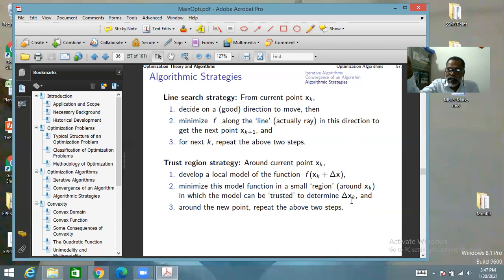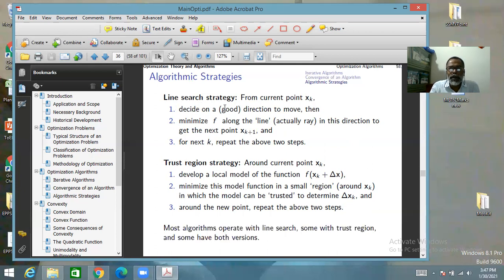Around that point, you will build another local model and take another little trust region and continue. So this is the trust region strategy. Both strategies are good. Most algorithms operate on line search strategy, some on trust region. There are some algorithms which can be implemented in either of the two strategies.